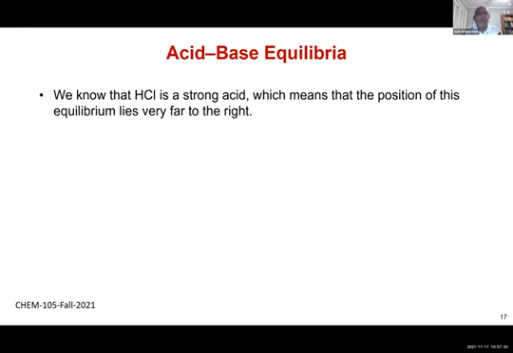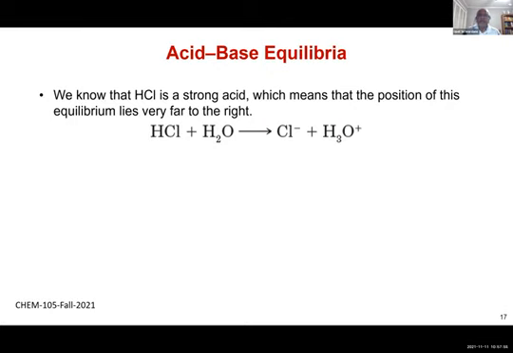There was some problem with the internet. We know that HCl is a strong acid. Now we're going to look at the acid-base equilibrium in detail, which means that the position of this equilibrium lies very far to the right. That is a complete reaction. There's no equilibrium.